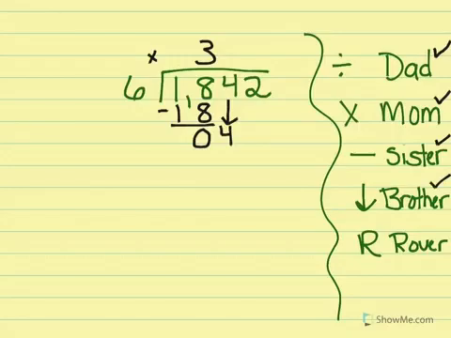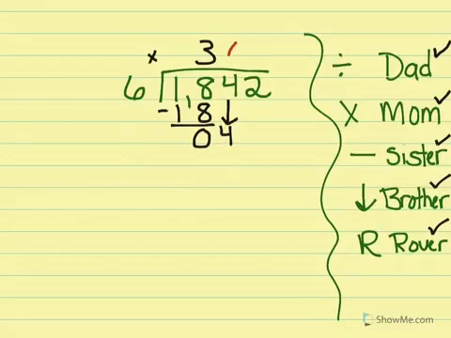Repeat or remainder. Well, 4 is less than 6, but I still have digits to bring down. So I'm going to say repeat, which brings me back to divide. How many sixes go into 4? Well, none.